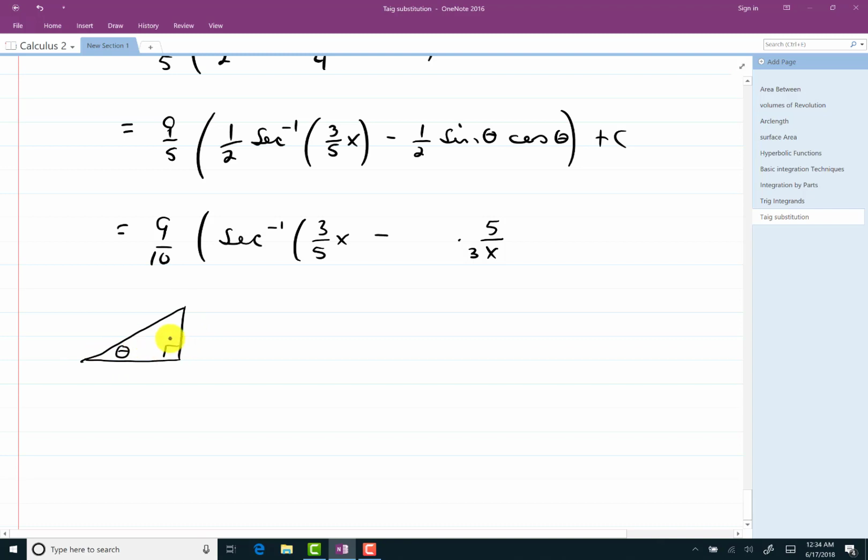You know that cosine of theta is 5 over 3x. Cosine of theta is also equal to adjacent over hypotenuse. And that forces this side to be the square root of 9x squared minus 25. You notice that's part of the original thing, and that always happens because of the nature of trig substitutions. So in this spot goes the square root of 9x squared minus 25. Oops. Careful.